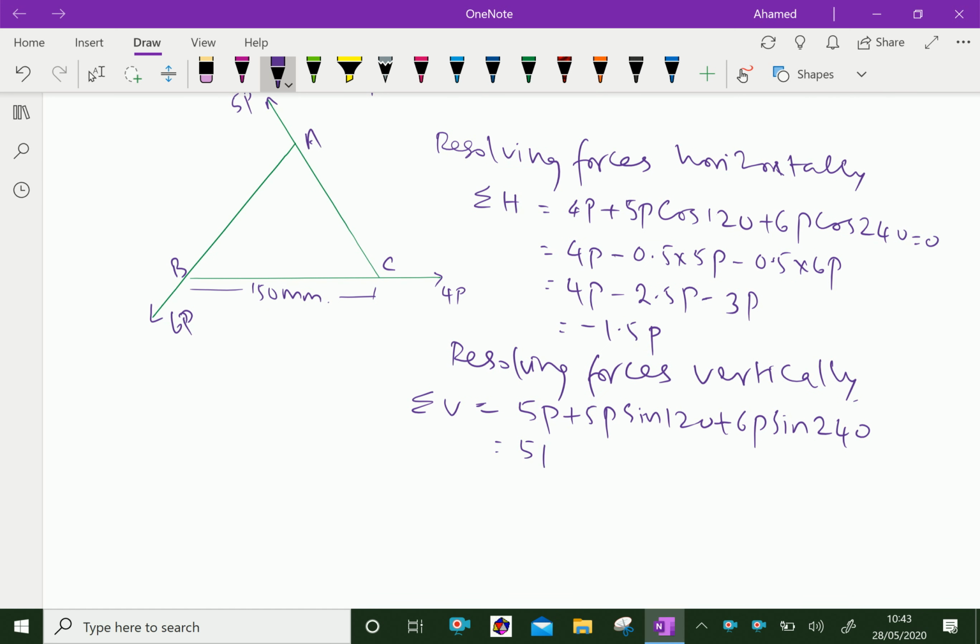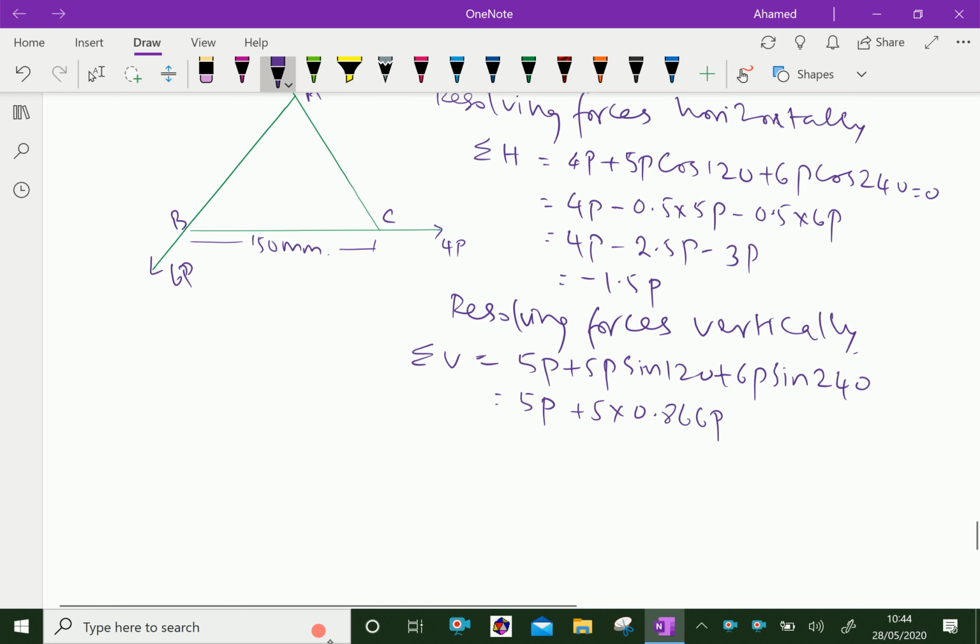Now this equals 5P sine 120, plus 5 into 0.866P, then sine 240, that is minus 0.866 into 6P.